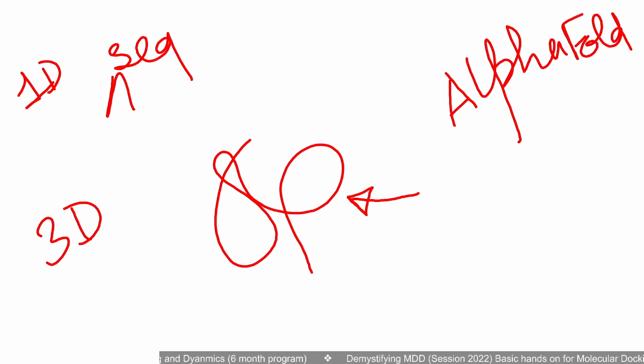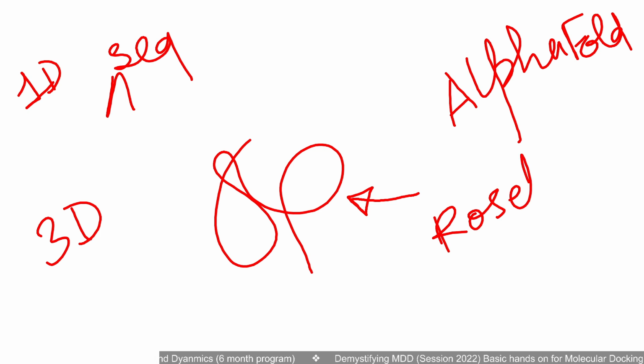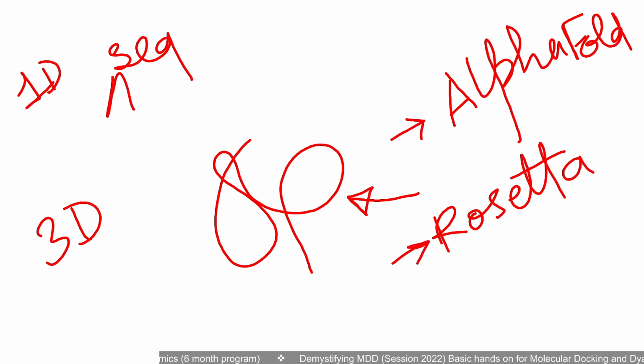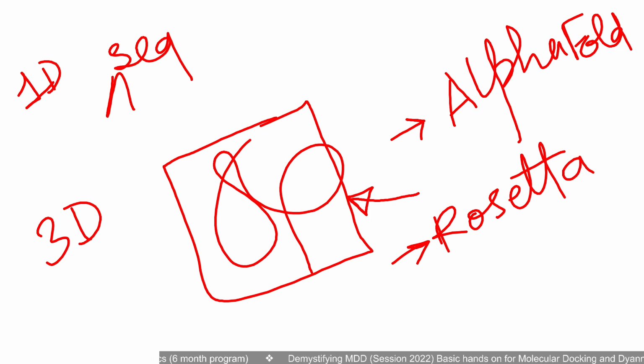AlphaFold, Rosetta, and many other software perform molecular modeling. Using them, you can get the new structure, because after a change in a single amino acid, the structure coordinates of the atoms or residues will change. In a text file, if you just change a single amino acid by replacing and modifying, it is not going to give you the right structure. I hope this point is clear to you.